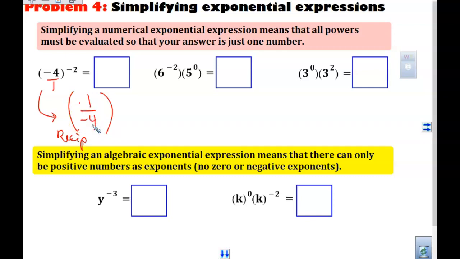I don't care if you want to keep the negative with the 4 or with the 1, okay? And then Maddox, instead of negative 2, because we've done the reciprocal, this now is going to become a positive 2. I'm going to take 1 to the second, and down here, I'm going to keep my parenthesis and go negative 4 to the second. Okay? So Brad, 1 to the second, we love 1 to a power, equals 1.